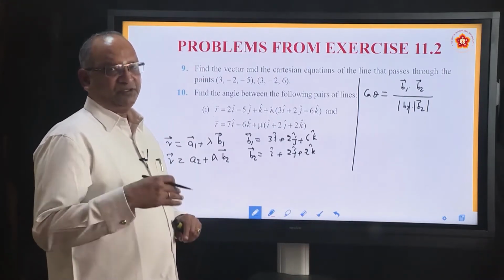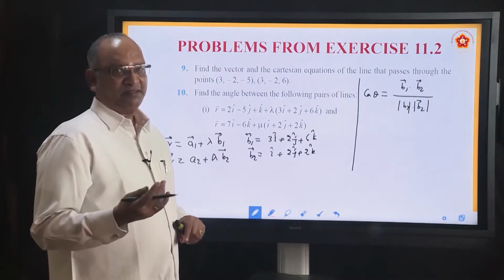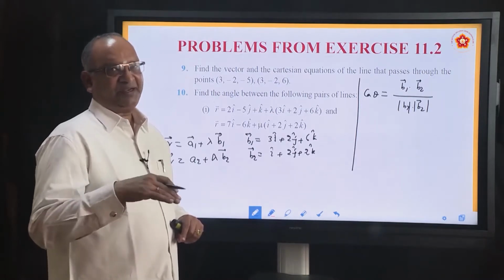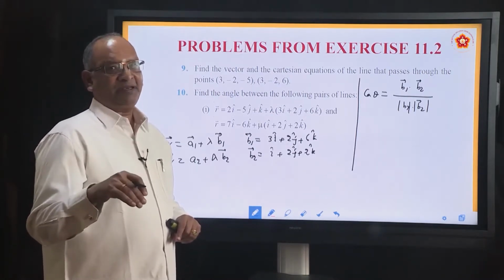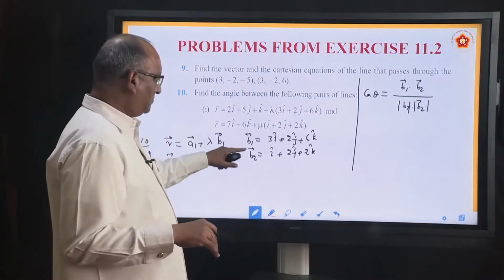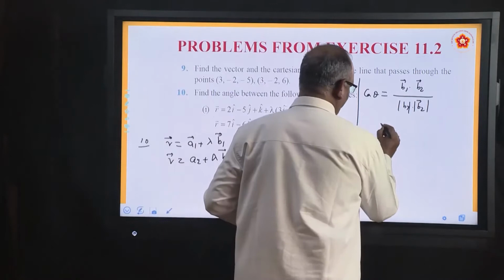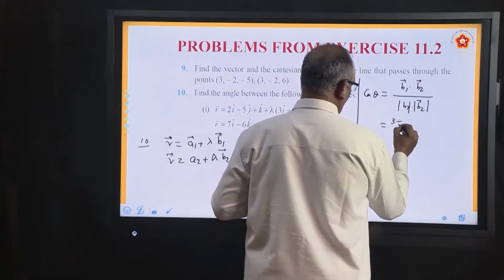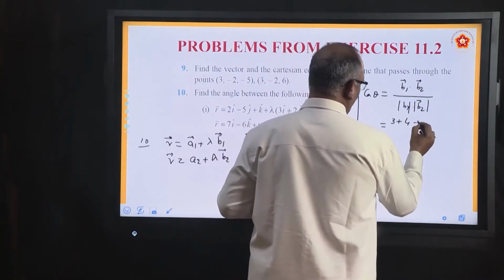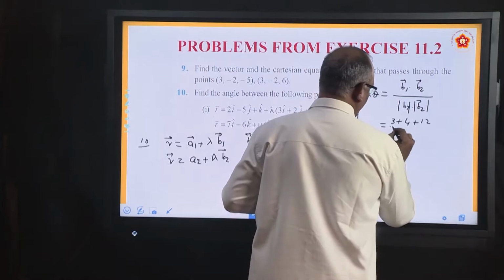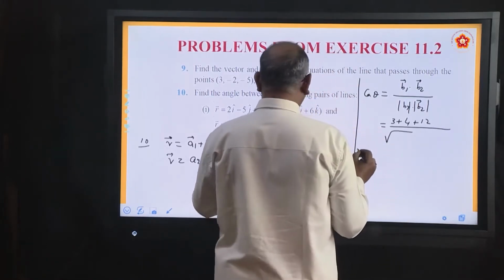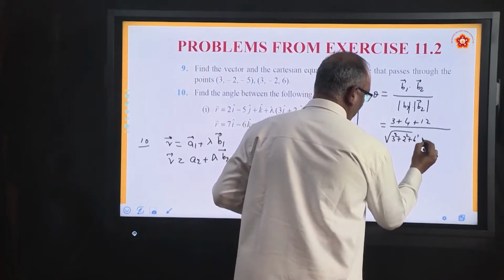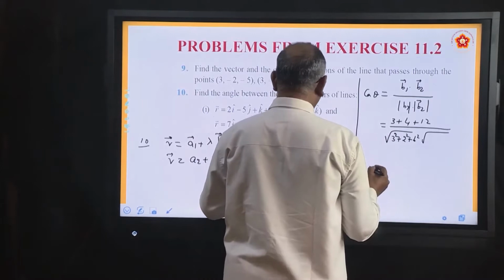While doing the dot product, we know that i dot i is 1, j dot j is 1, k dot k is 1, whereas if you take i dot j, the angle being 90, it becomes 0. So when you do b1 dot b2, what are you going to get? 3 into 1, 3, plus 2 into 2, 4, plus 6 into 2, 12, divided by the square root of 3 square plus 2 square plus 6 square, times the square root of 1 square plus 2 square plus 2 square.